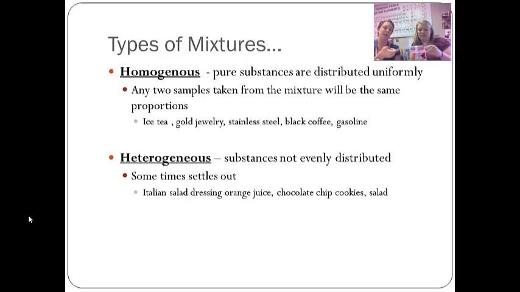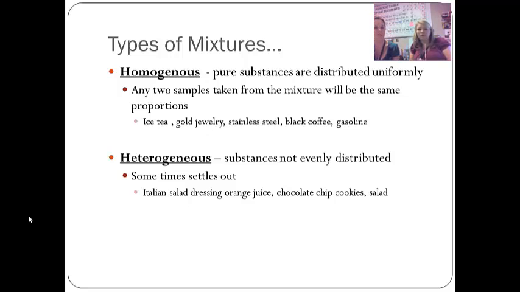When you have iced tea, you have water, and then you have the iced tea particles. Gold jewelry is another type of homogeneous mixture. It looks like it's chemically bonded, but it's not. It's uniformly distributed throughout. You don't have areas that are yellower or silvery looking. Stainless steel, black coffee, and gasoline all appear uniform throughout. If you took a sample, it'd be the same every time.